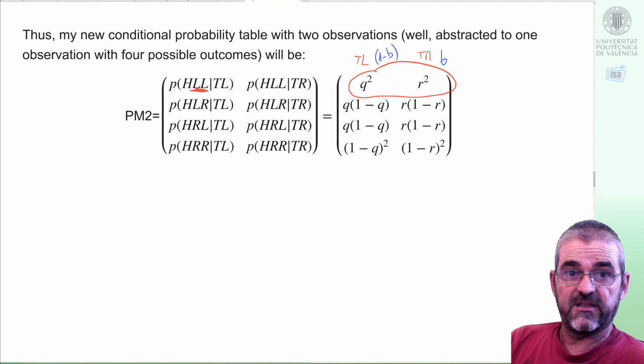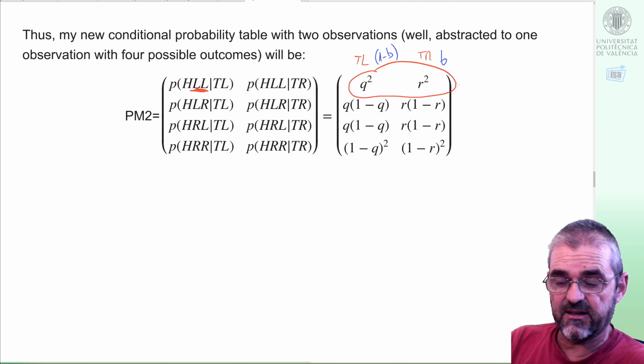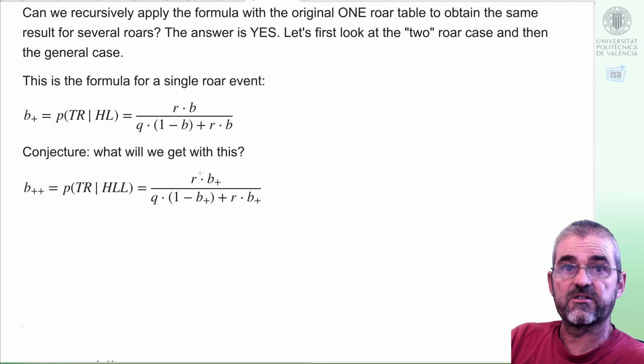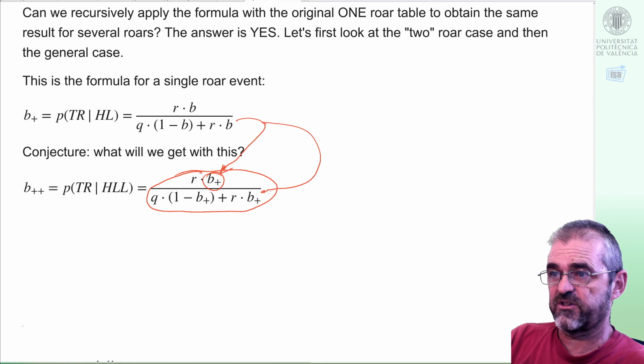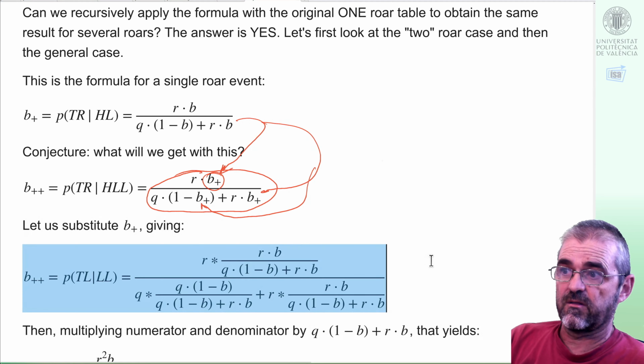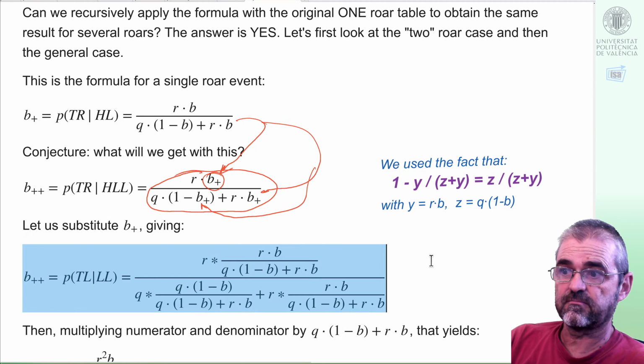Well, it happens that it indeed is true. Let us prove it, and then we'll move on to proving the general case. Because indeed, if in this formula I replace b with that expression, then I get this.